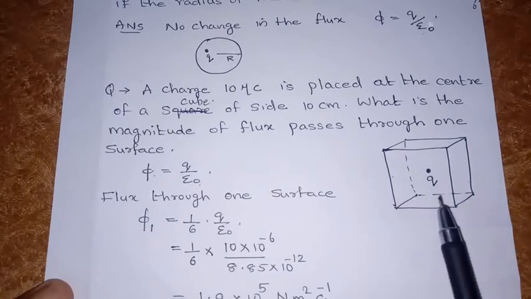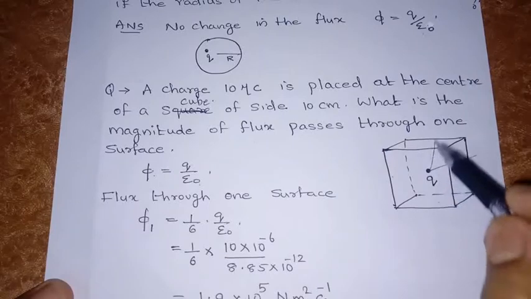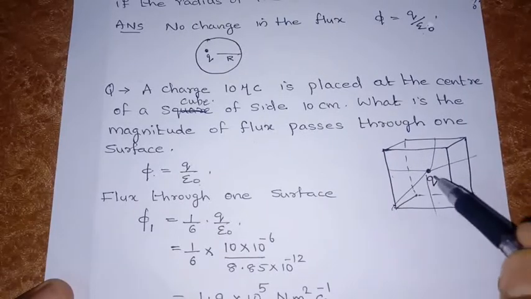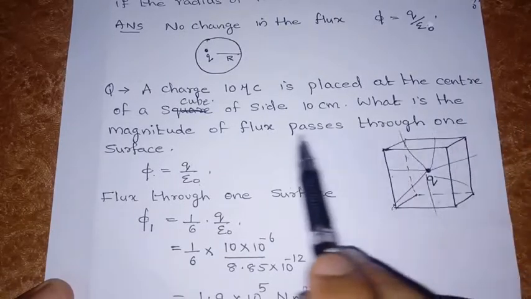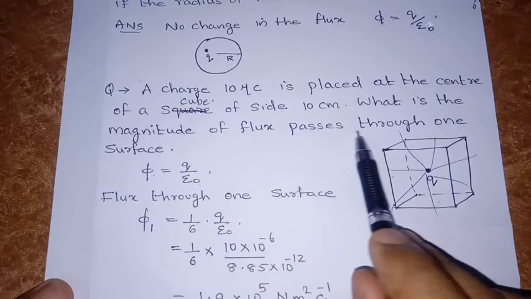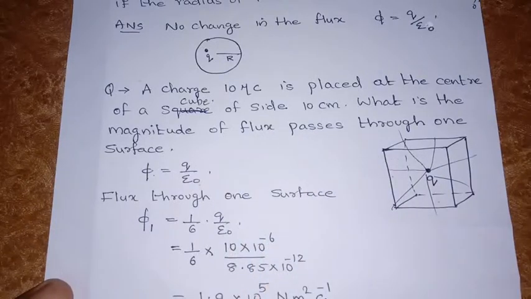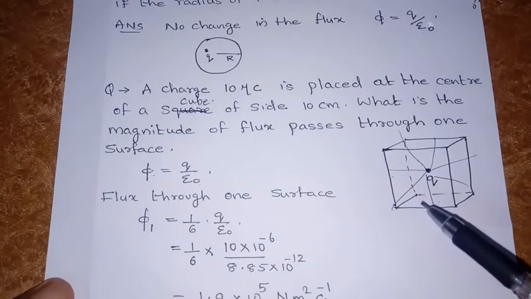The total flux passes through all these 6 surfaces, and the question is what is the magnitude of the flux passes through any one surface, maybe front or back, whatever it may be?